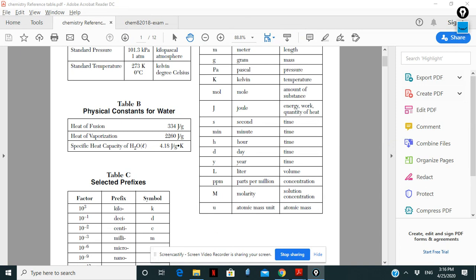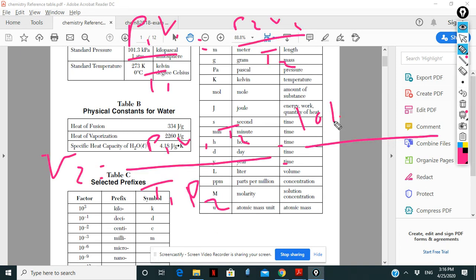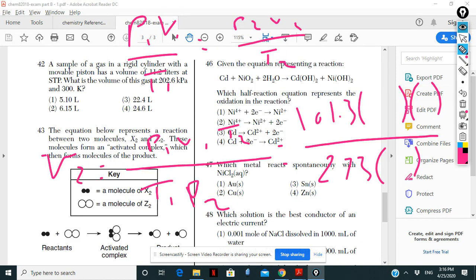So the first pressure is the standard, 101.3, and the first volume, 11.2. The first temperature was 273, and the second temperature I get from the question, 300 Kelvin.